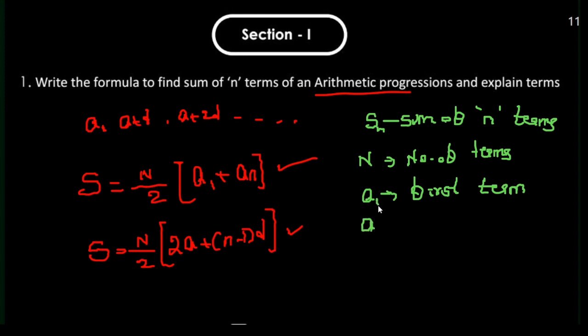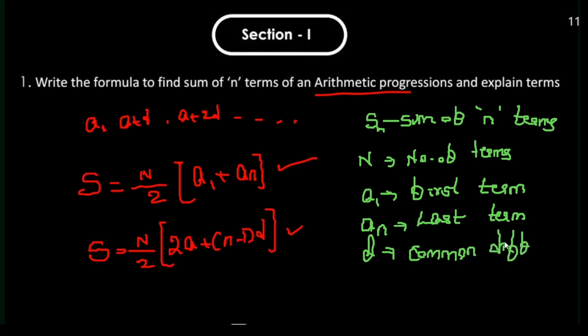Here a1 is the first term and an we can consider is the last term. And what about d here? d is nothing but the common difference. Fine, this is enough for the first question.